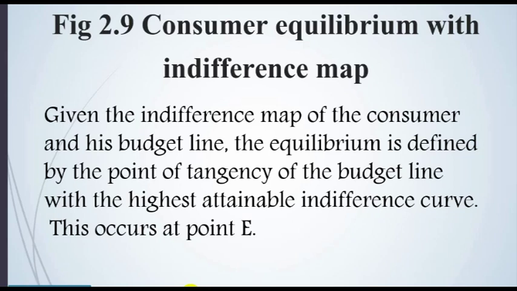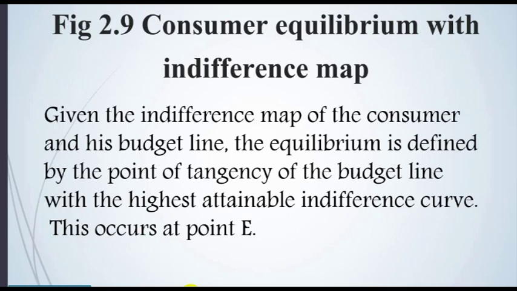And dZ/d lambda is equal to minus (P1 Q1 plus P2 Q2 plus ... plus Pn Qn minus Y), which is equal to 0.